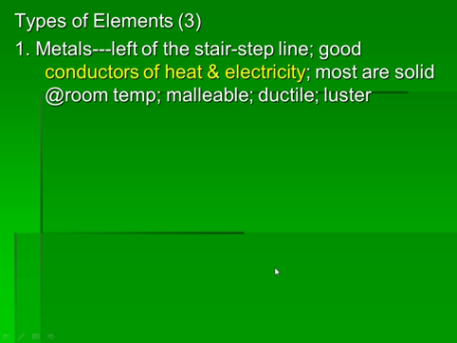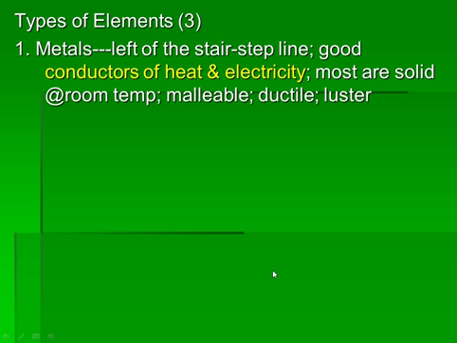Alright, so types of elements. There are 3 types of elements. The first type of elements are called metals. Metals are left of the stair-step line. If you look at the periodic table that I have on the wall, on the right-hand side, sort of in the middle, you'll see the red stair-step that goes between boron and aluminum, silicon and germanium, and all the way down.